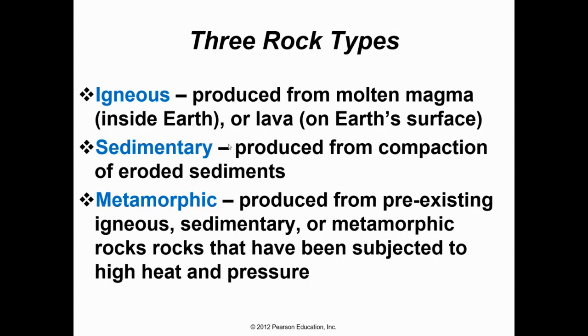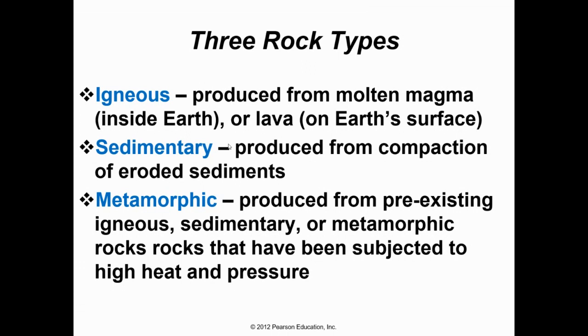Rocks break down into smaller pieces called sediments. Once they break down, usually there's some sort of transportation process, such as water. Water is very good at transporting sand, silts, things like that. That transportation process is referred to as erosion. So putting that all together, sedimentary rocks are produced from compaction and then later cementation of weathered and eroded sediments. We'll talk more about that later.